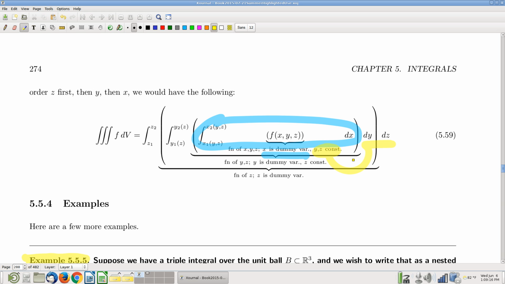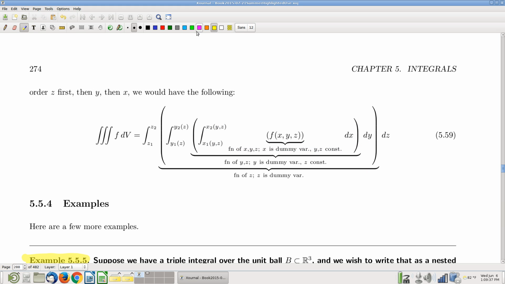So let me say that a little bit differently. Any variable that is further to the outside in the nested integrals, any variable whose differential is further to the outside, is to be treated as a constant for the inside integral. So for the inside integral, y and z are constants.